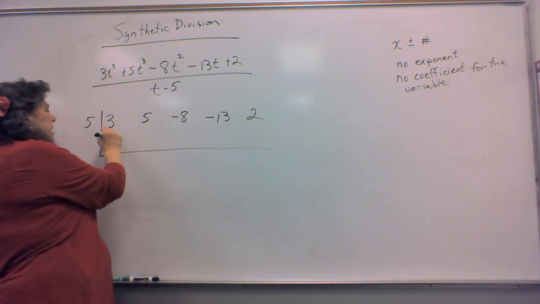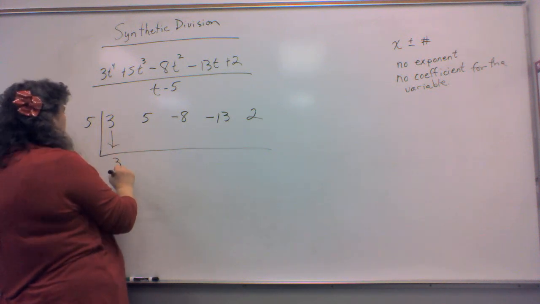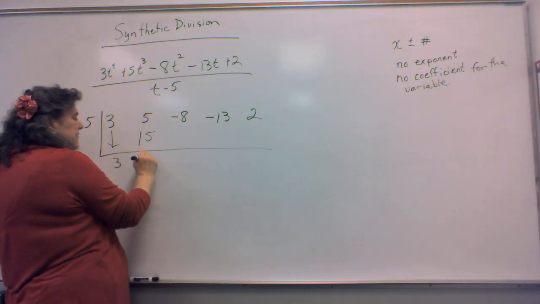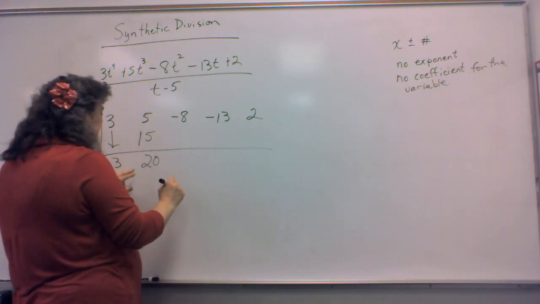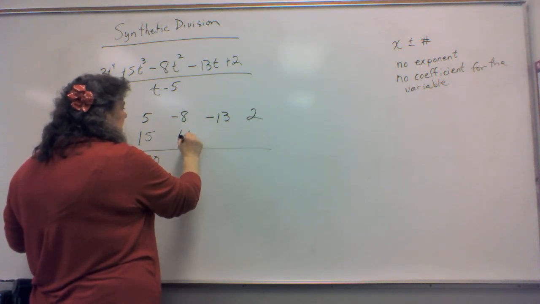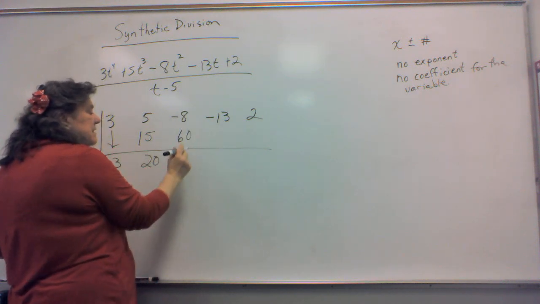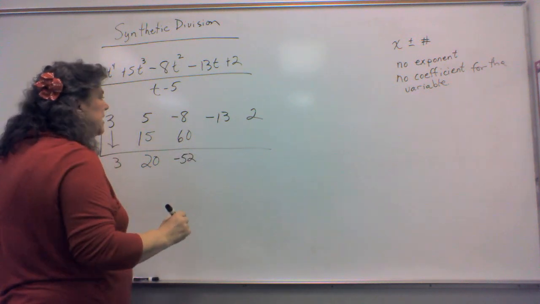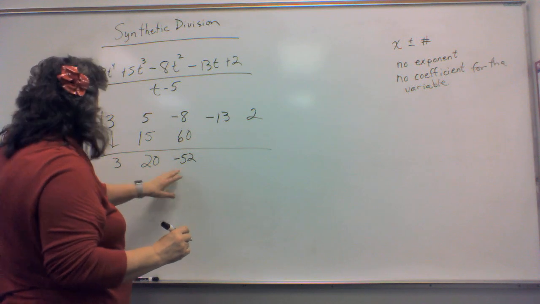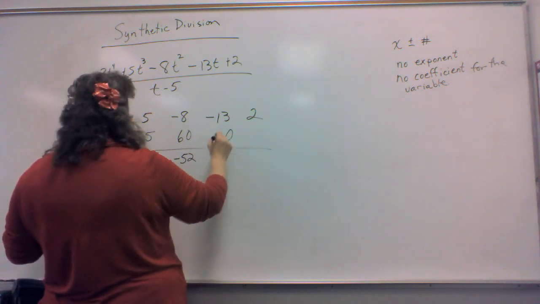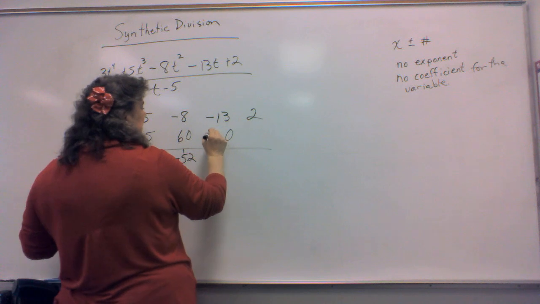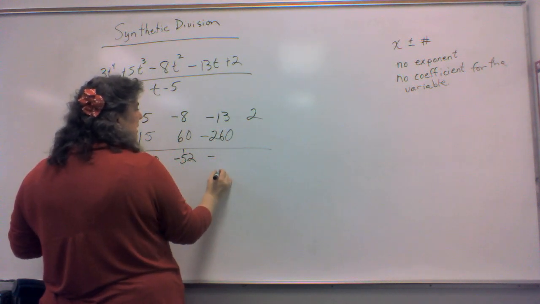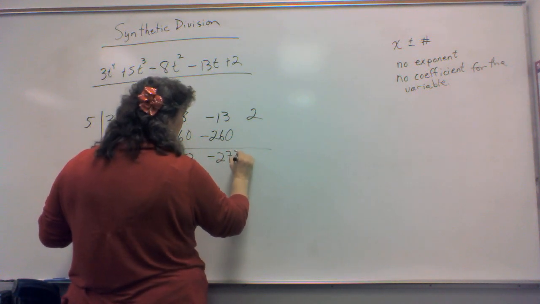Okay? Bring down my first term, 3. 5 times 3 is 15. 5 plus 15 is 20. 5 times 20 is 60. Negative 8 plus 60 is 52. 5 times 52 is 260, giving me 273 when added to negative 13.